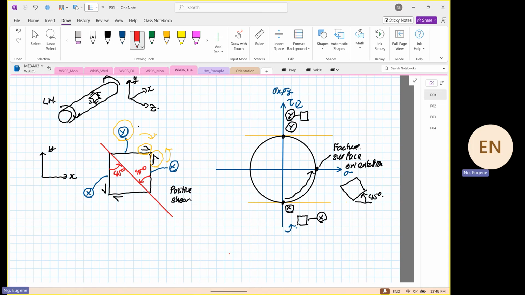That's your right. On the left, you'll be pulling in the opposite direction.